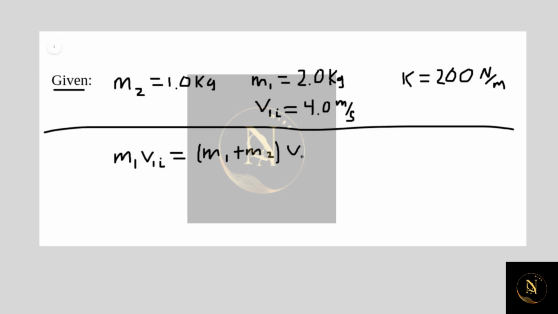We'll call that v sub f. So you can solve for v sub f. It's going to be equal to m1 times the initial velocity v1i divided by m1 plus m2. Plug in the values for everything in this expression, and it comes out to be 2.7 meters per second.